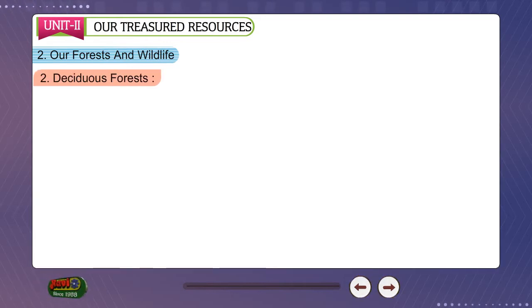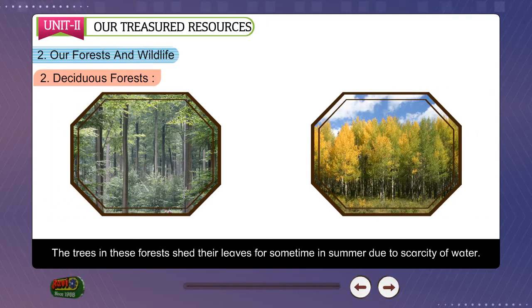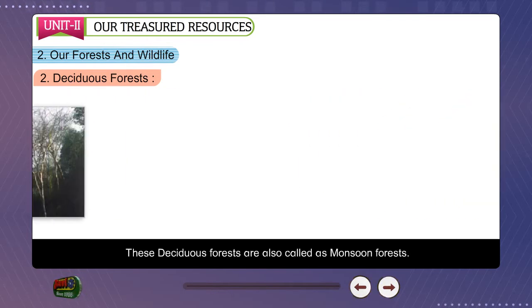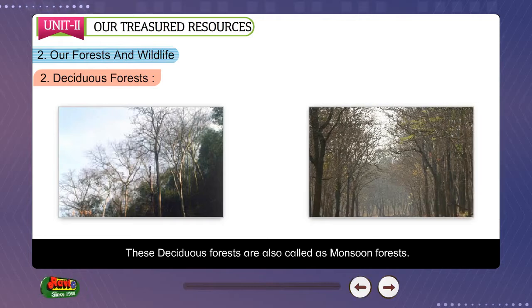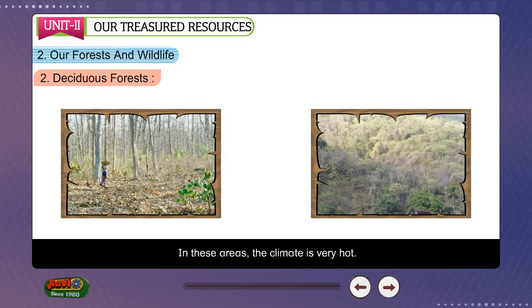2. Deciduous Forests. The trees in these forests shed their leaves for some time in summer due to scarcity of water. These deciduous forests are also called monsoon forests. In these areas, the climate is very hot.